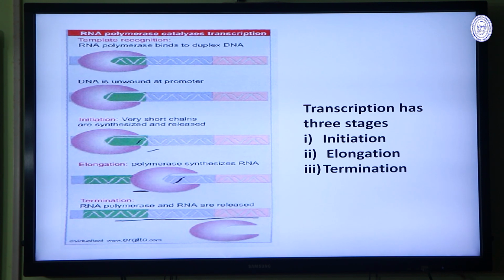So, the RNA polymerase binds at the promoter sequences, the DNA starts unwinding at the promoter region, and the initiation of phosphodiester bond formation starts.